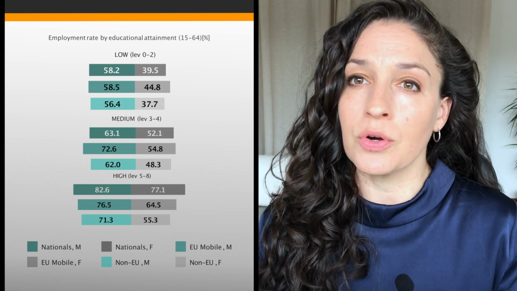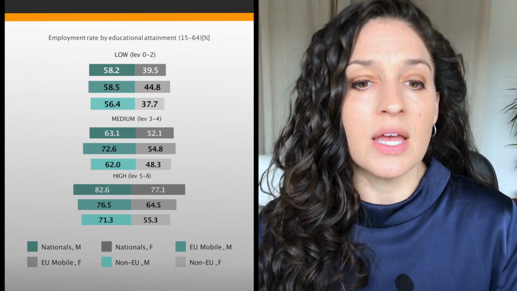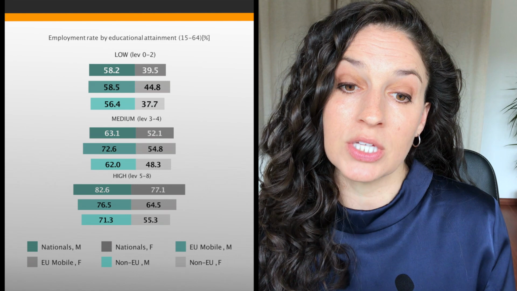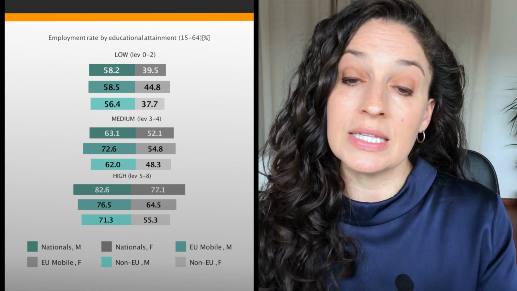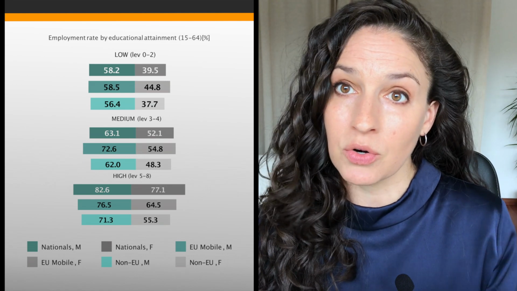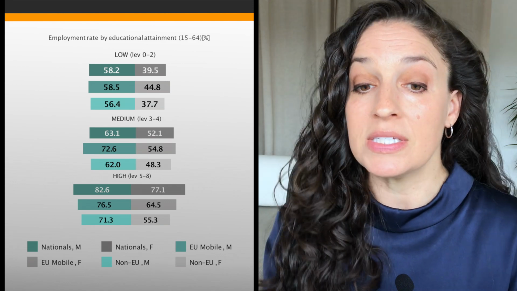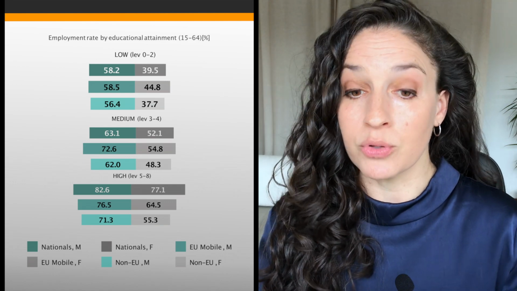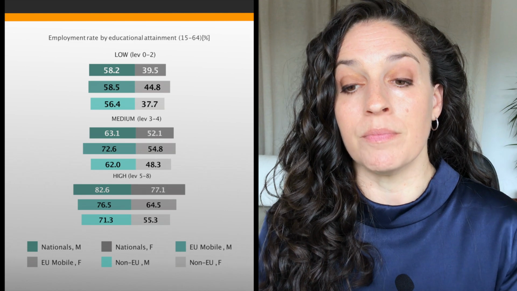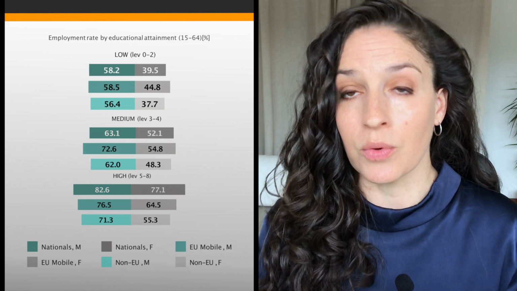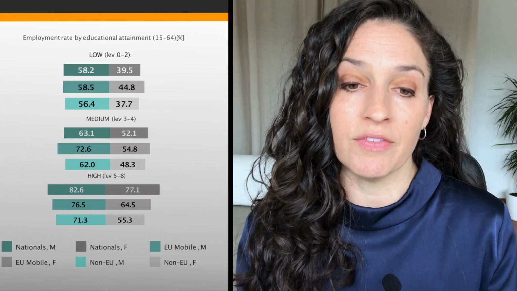But the numbers are a bit more similar there with nationals. And if we look at those on a low education level, we actually see that at least for men, it looks very similar across the different groups. And for women, we see higher rates of employment among the EU mobile people or workers often in this case. So we do see kind of a different picture across different education levels and across nationals, European immigrants, and immigrants coming from outside of the European Union.